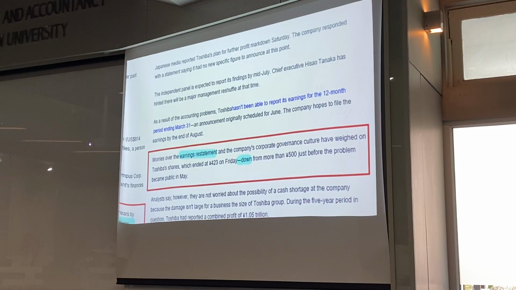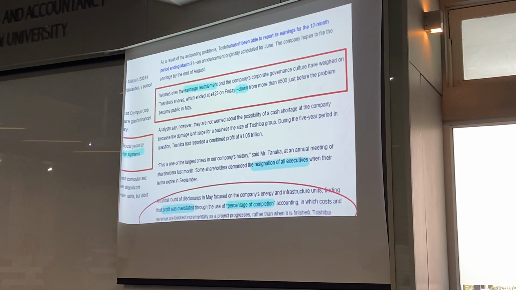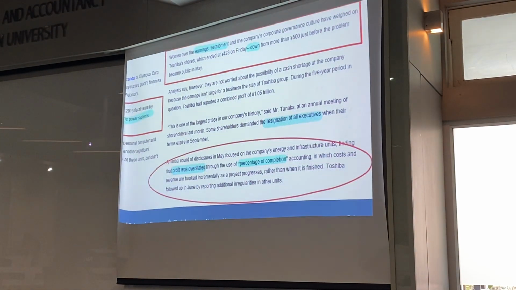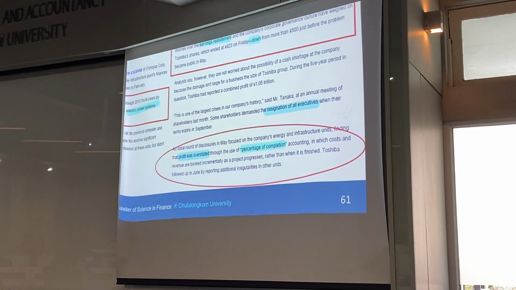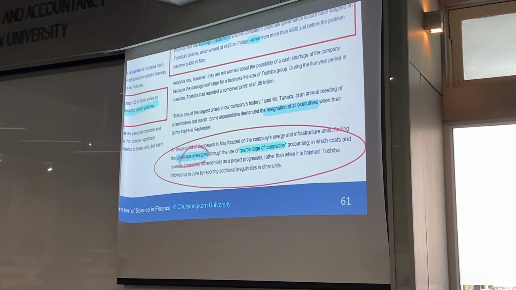So this will bring down the stock price, and they also lose trust in the executives. So they ask the executives to resign from the company, right? And the company has to restate the financial statement numbers. Because the past profit was overstated, they have to restate it, right?